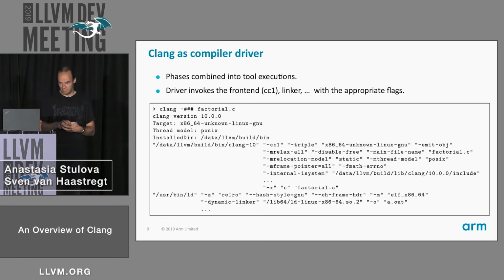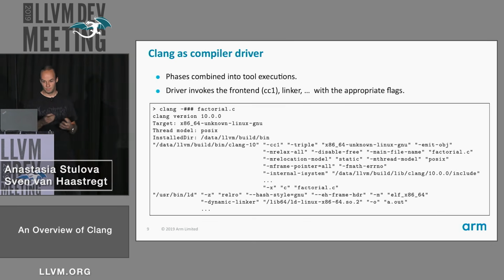And Clang has a special option for that, -###. To make it easy to remember this option, I've heard some people call this the toilet brush option, for obvious reasons.